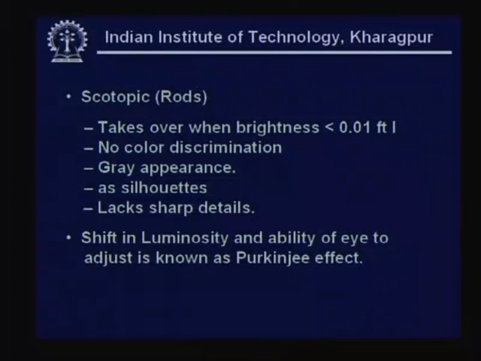We do not get fine details, and sharp details are absent. The ability of the eye to shift from rod to cone is what we call the Purkinje effect. In fact, all of us are comfortably changing from one to the other without our knowledge, and that is what we call the Purkinje effect.